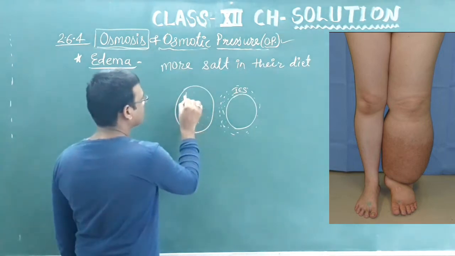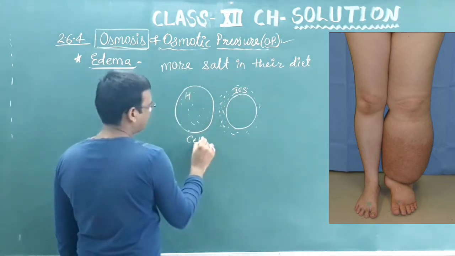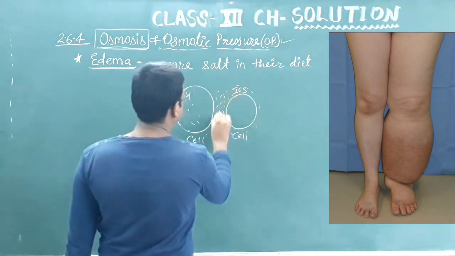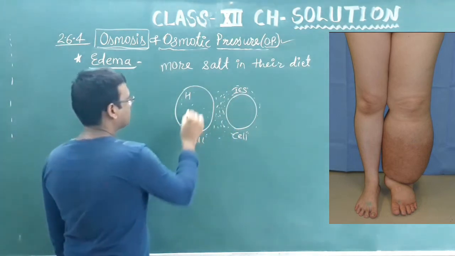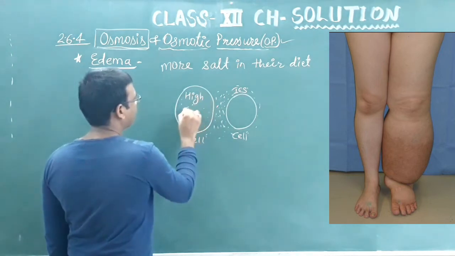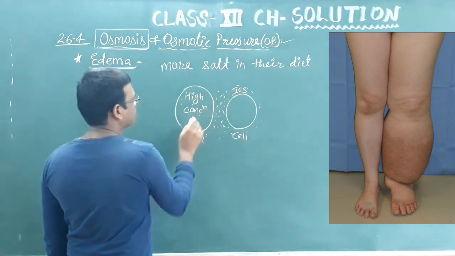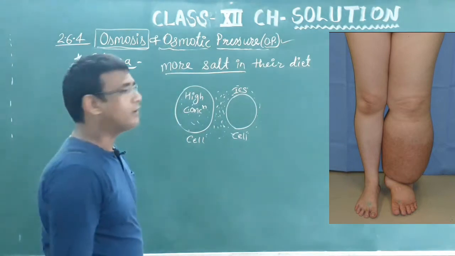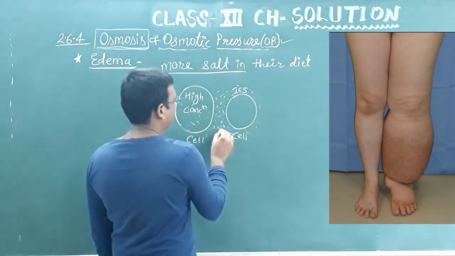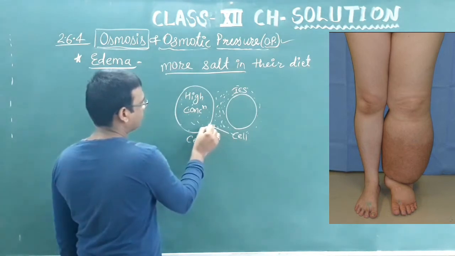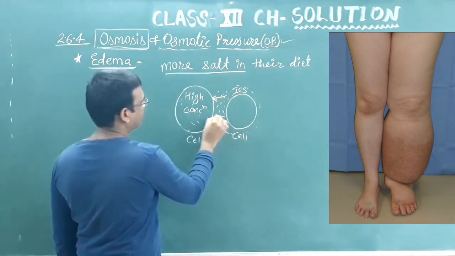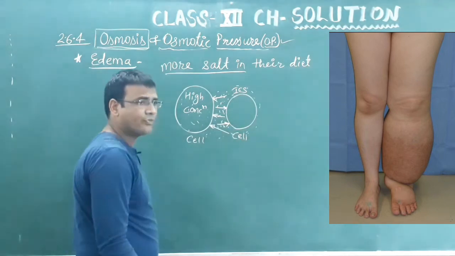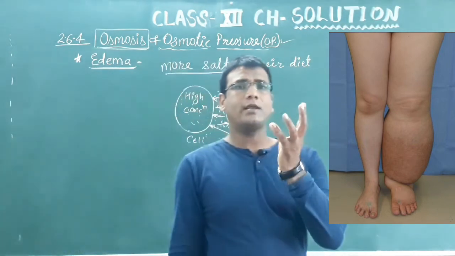In this one, this is cell, this is also cell, and this is ICS, intercellular space. Here it is high concentration due to more salt in diet. Higher concentration, here it is water present. Water will get entry into the cell. Then in that condition, the cell will swell.